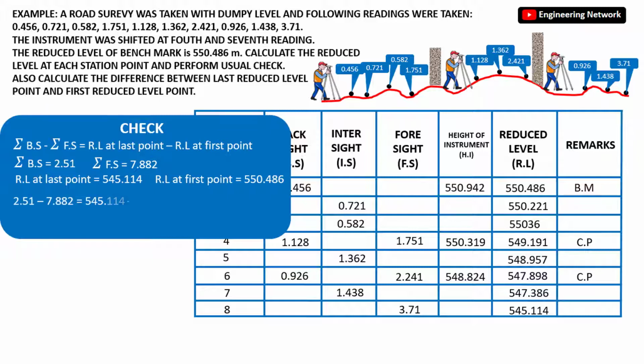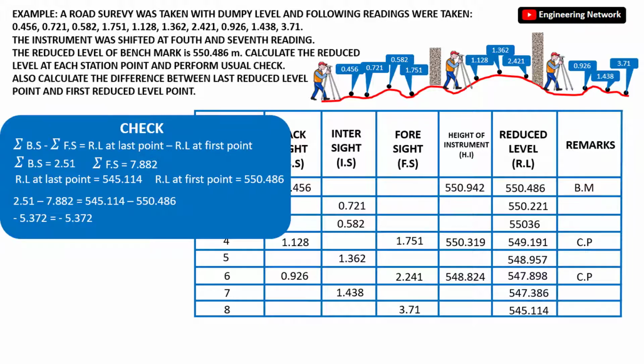So 2.51 minus 7.882 must be equal to 545.114 minus 550.486. After calculation, I have got exactly the same result on both sides, which is minus 5.372, which indicates that our result is totally correct.